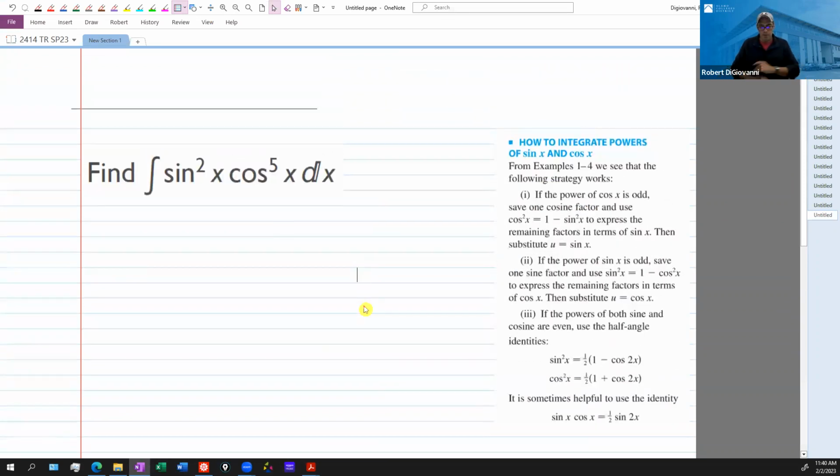All right, so following this, I look at this integral, I see sines and cosines, don't I? The sine is raised to the second power, the cosine is being raised to the fifth power. Whenever I see sines and cosines, the first thing I do is look to see if the power of the cosine is odd. Is it?